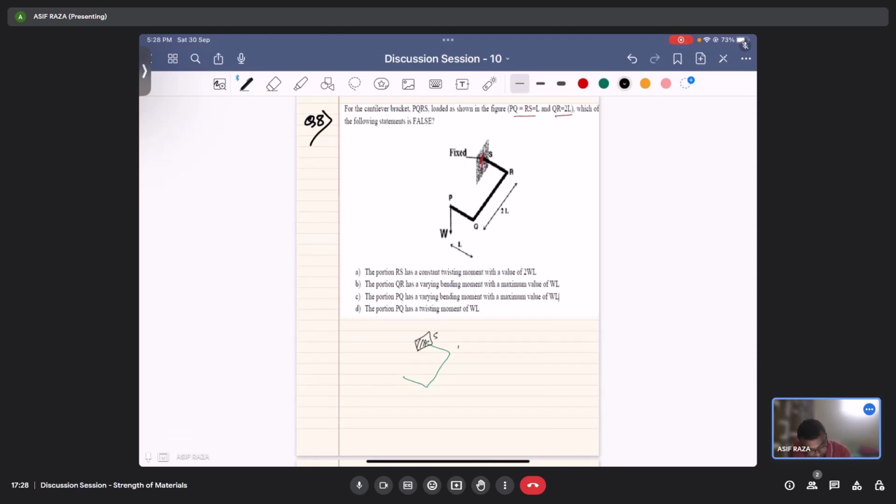S is here, R, Q, P, and the W is downward. This is 2L, L, here also L.